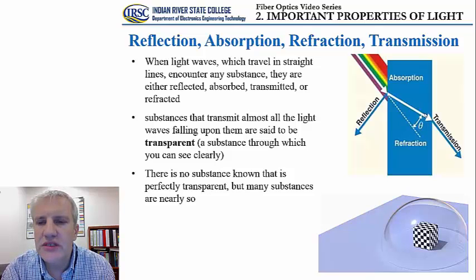We can observe this behavior in many cases in real life. The way we see ourselves in the mirror is exactly due to the reflection of light that creates the mirror image of us, and by means of that reflection we can see ourselves in the mirror.